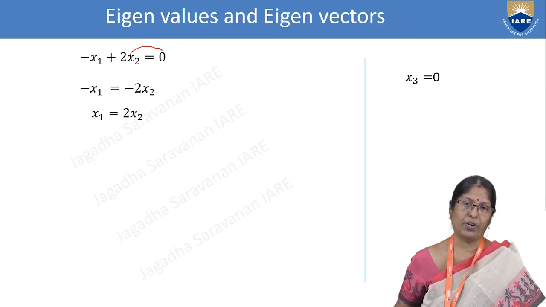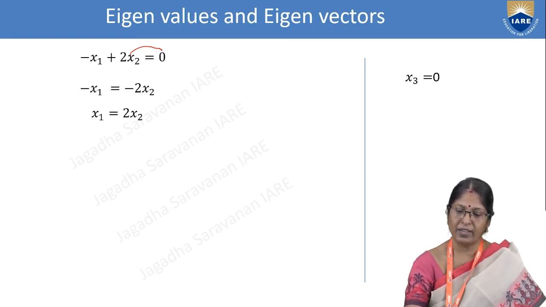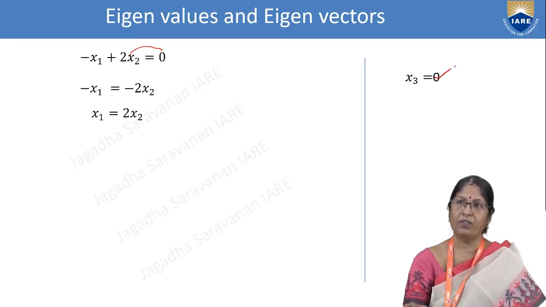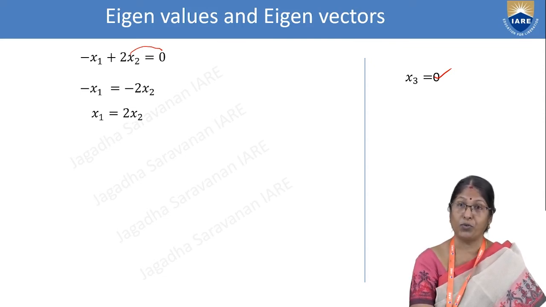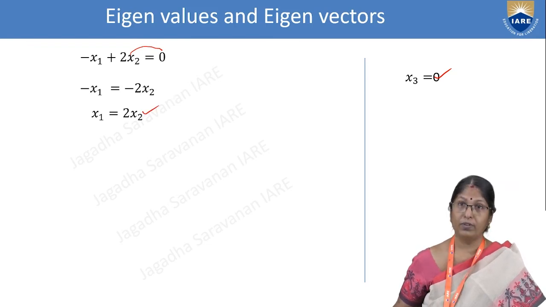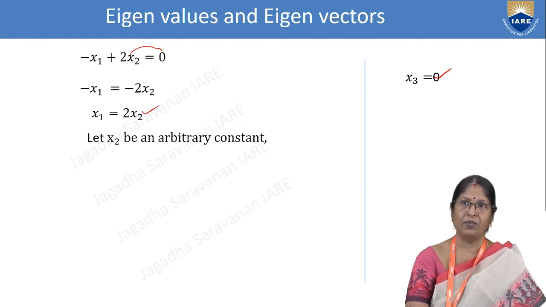We got one relation, that is x1 is equal to twice x2. Whereas x3, the value we got, is 0. We wanted the value of x1 and x2, but here we are getting one relation. We don't want relation, we want the value. So where it is not possible, we can declare an arbitrary constant.